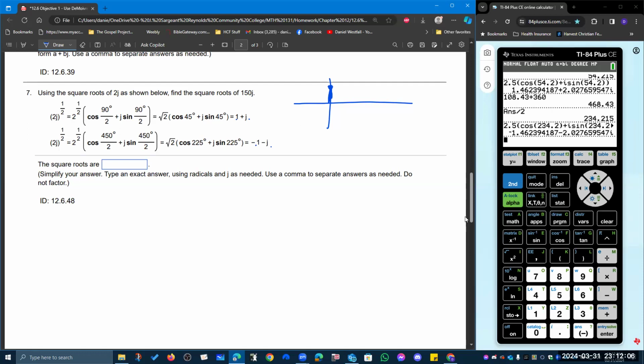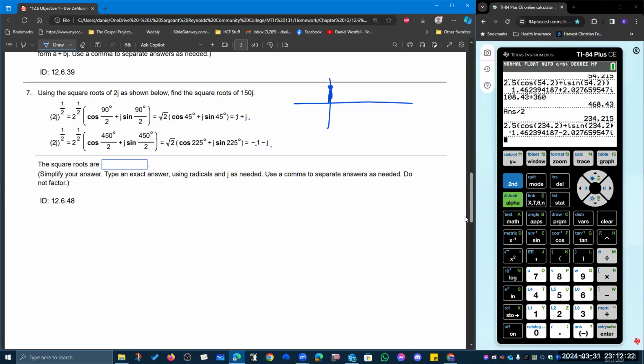So there should be some kind of pattern that I can induce about how this is going to work out, even if I change from 2 to 150. So let's try and just change the 2's to 150s here and see how this works.